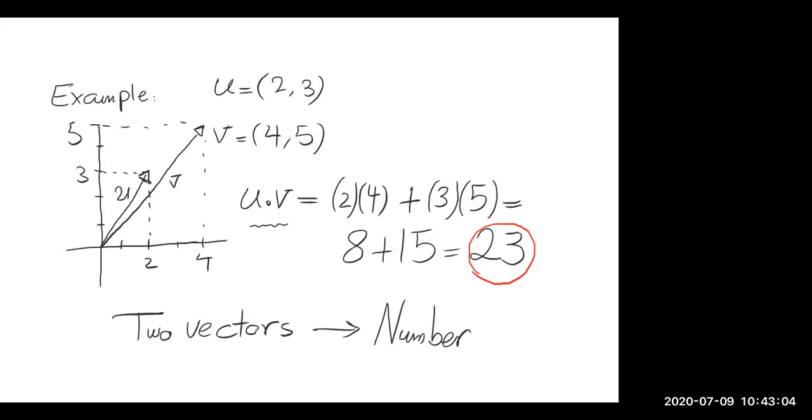Okay. We can define the same thing for three-dimensional vectors. So if we have three-dimensional space, which we show with R3, and we have two vectors here, u and v, the coordinates are something like u1, u2, u3. These are just three numbers.